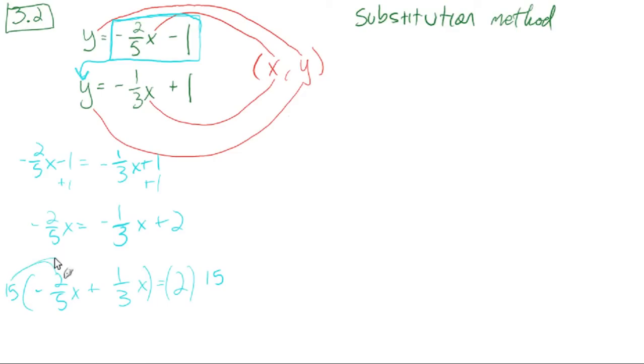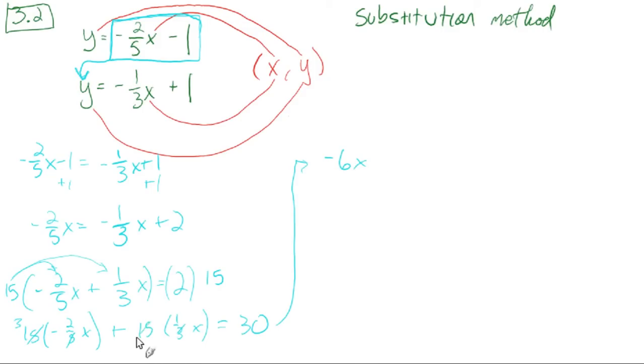Okay, that means we're going to distribute this 15 here. 15 times negative 2/5 x plus 15 times 1/3 x equals 30. What happens here is the 15 cancels with the 5, and this will become a 3. So now we have 3 times negative 2. That's negative 6x. 15 times 1/3, those will cancel. The 3 cancels with 15, and we have a 5.